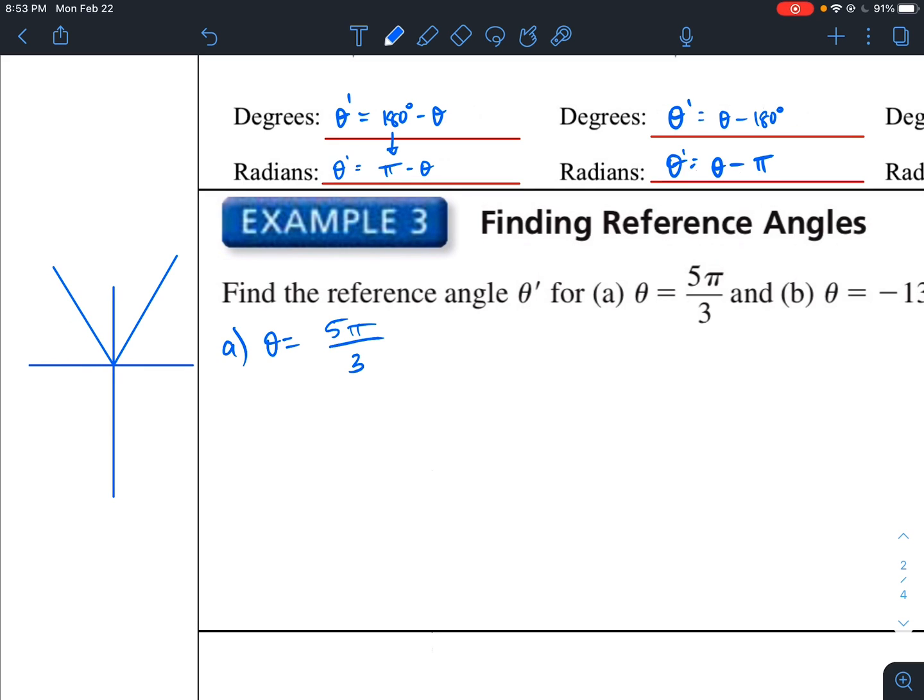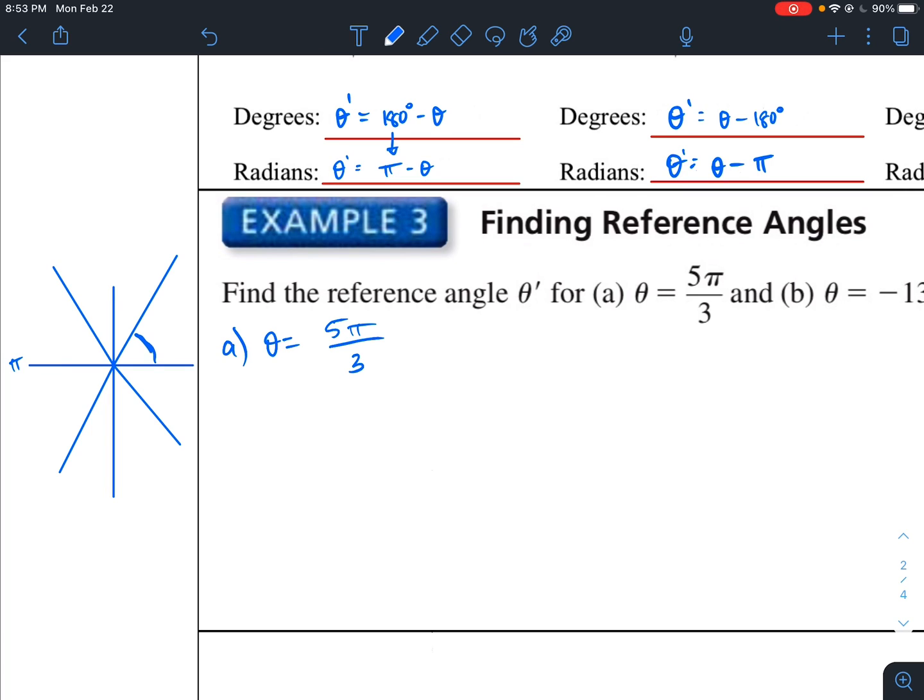Okay, so here are my thirds, and I'm going to make one more. So this is pi.